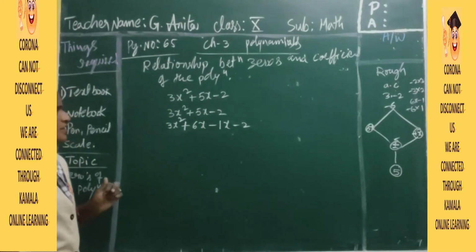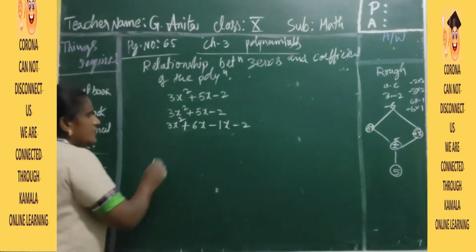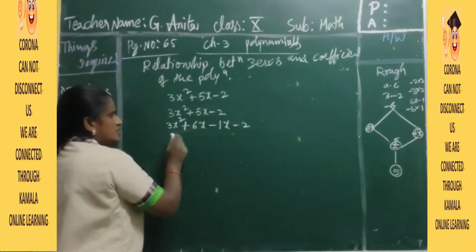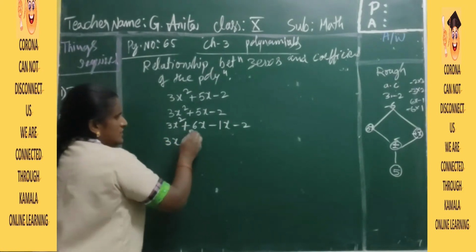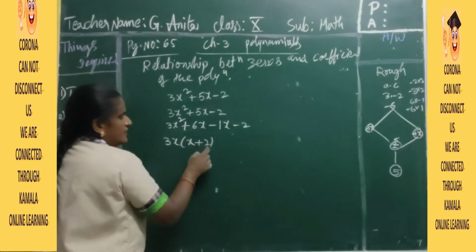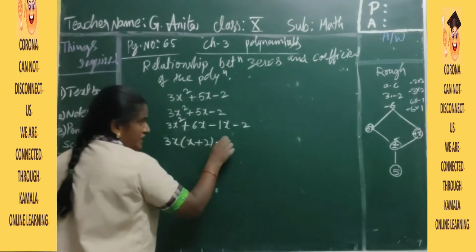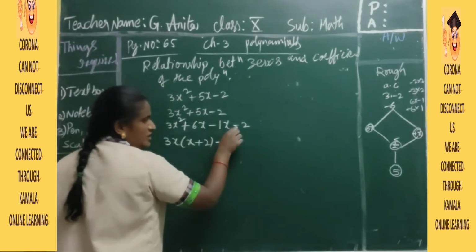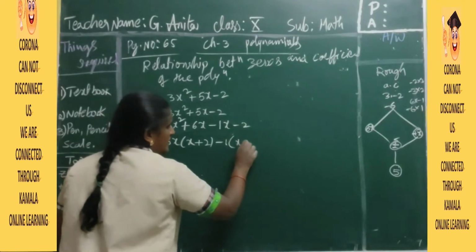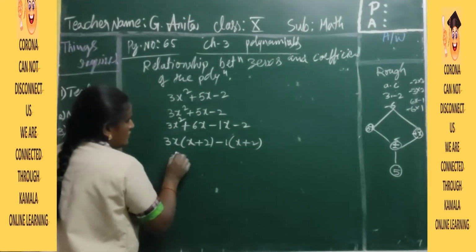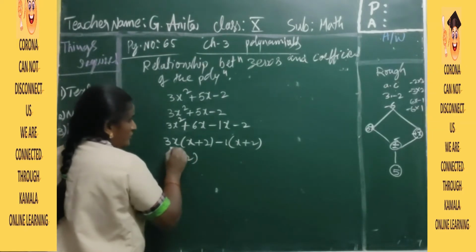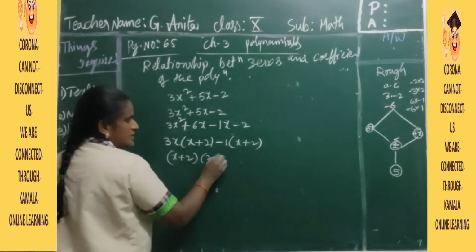Now I am taking common: here 3x, and 3x as a common, x, and what is left is 2. 3x into 2 is 6x. Here minus 1 as a common, so x plus 2. So x plus 2 as a common, and here what is there? 3x minus 1.